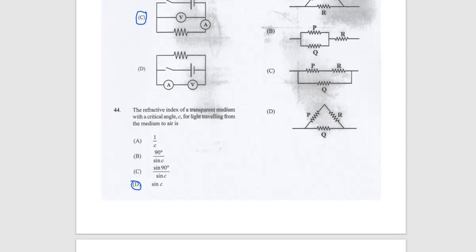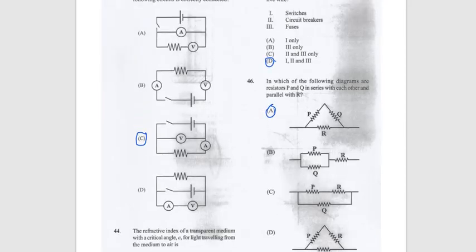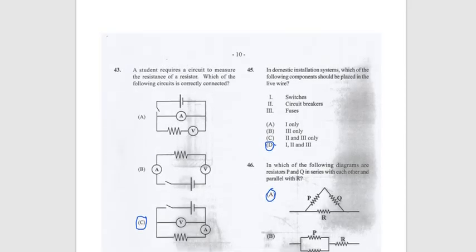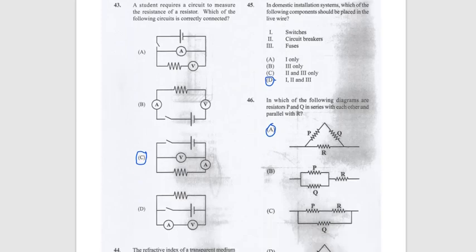44. The refractive index of a transparent medium with a critical angle C for light traveling from the medium to air is D, 1 over sin C. 45. In domestic insulation systems, which of the following components should be placed in the live wire? And the answer is all of them, D. 46.